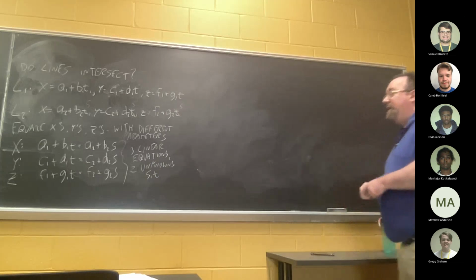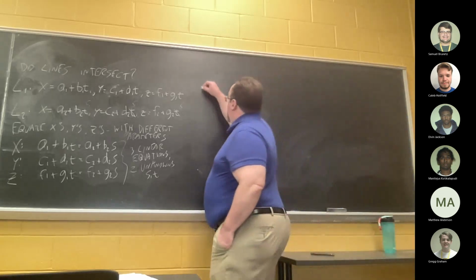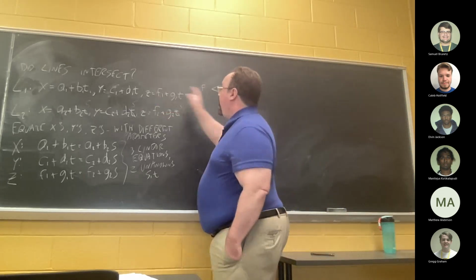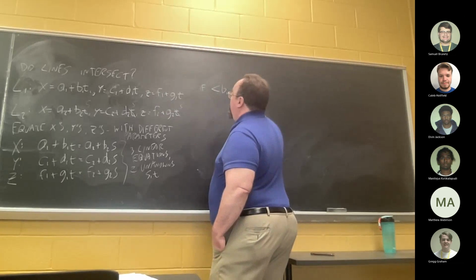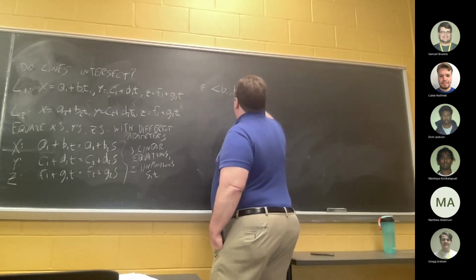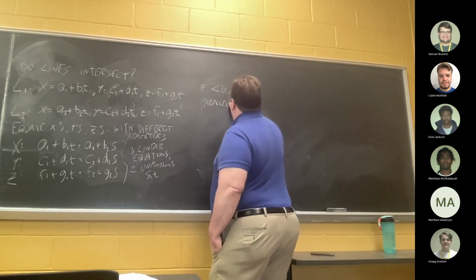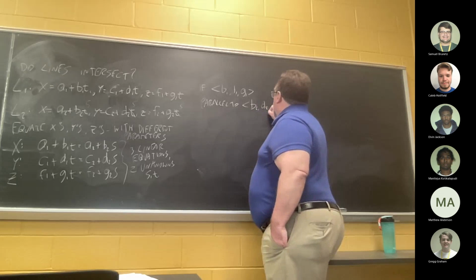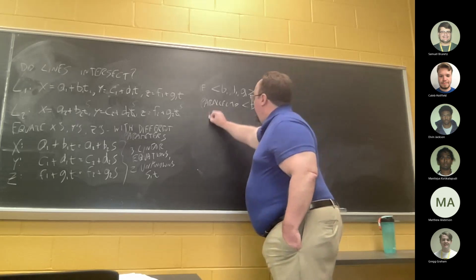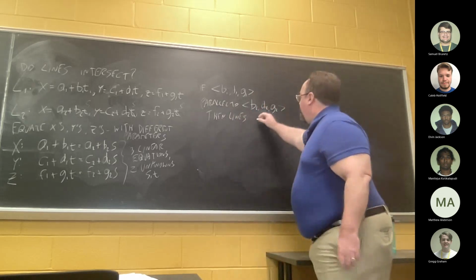I mentioned how to determine before doing any of this if the lines are parallel. If the vector consisting of the coefficients of t, b1, d1, g1, is parallel to the vector of the other direction numbers, b2, d2, g2, then we can just say the lines are parallel.